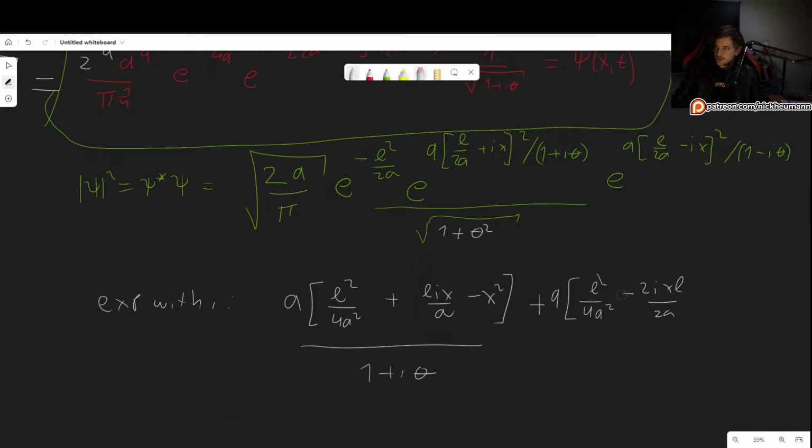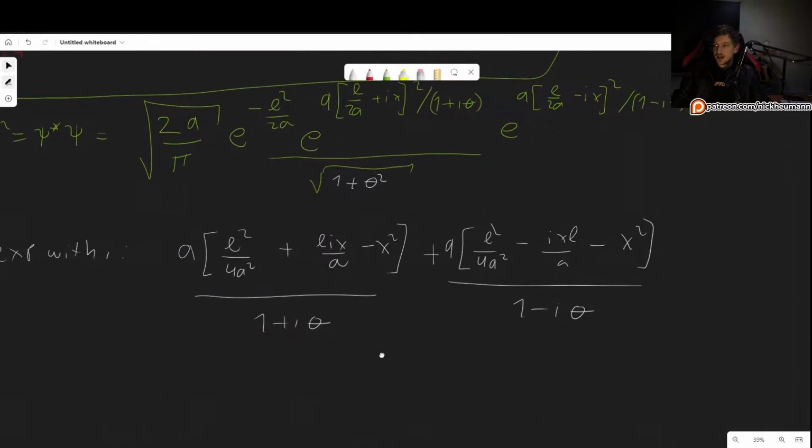The 2's cancel out. And then finally, minus x squared again, divided by 1 minus i theta. All right, so of course we can factor out an a. And in order for us to do anything, we need to have the same denominator. So let's multiply by 1 minus i theta divided by 1 minus i theta on this side, and by 1 plus i theta divided by 1 plus i theta on that other side.